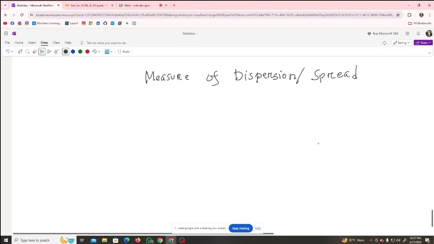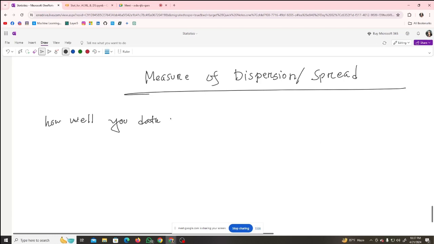By measure of dispersion or measure of spread, you will understand how well your data is spread with the mean. So what is the takeaway from measure of dispersion or spread? That is how well your data is spread with mean.